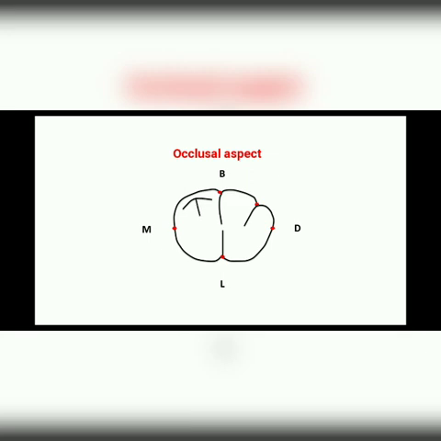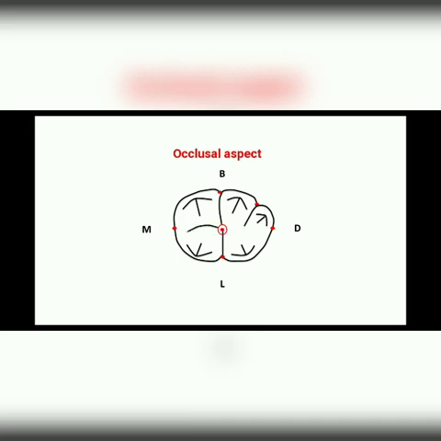Now we draw the orientation of each cusp. Each cusp should be looking forward except for the distal, which is located towards the center of the occlusal surface. So again, all the cusps are looking forward except for the distal looking towards the center.